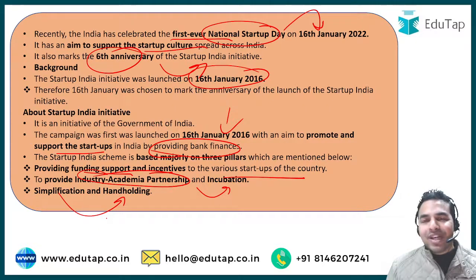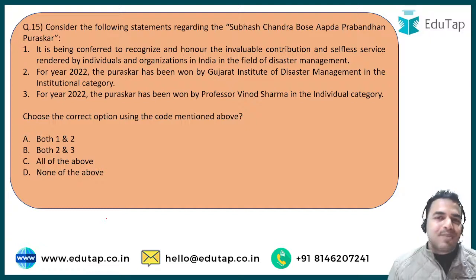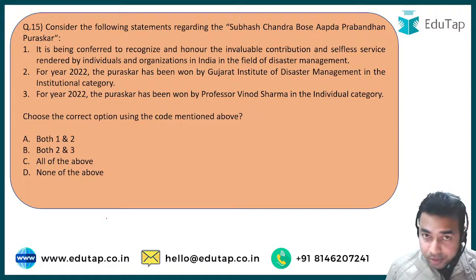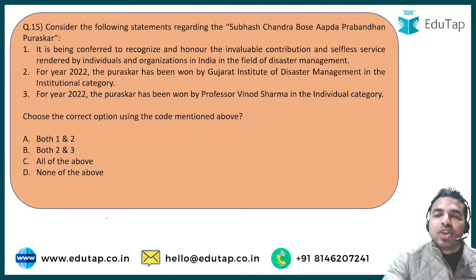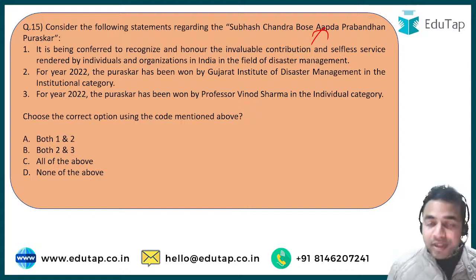And now let's move on to the last question of today's session, which is about the Subhashchandra Bose Apada Prabandhan Puraskar. Recently the Government of India has announced the winners for the Subhashchandra Bose Apada Prabandhan Puraskar, and here you are required to tell me which of the following statements mentioned here are correct about it.